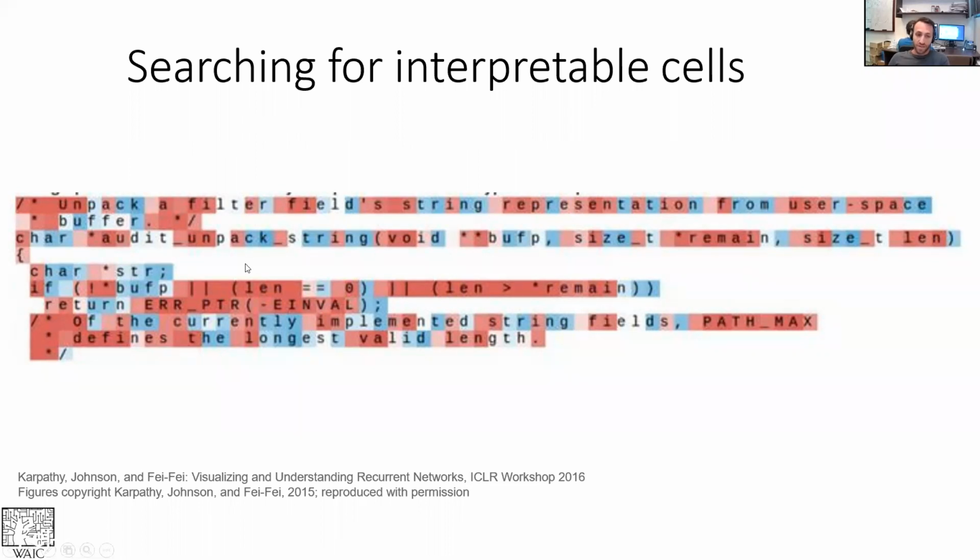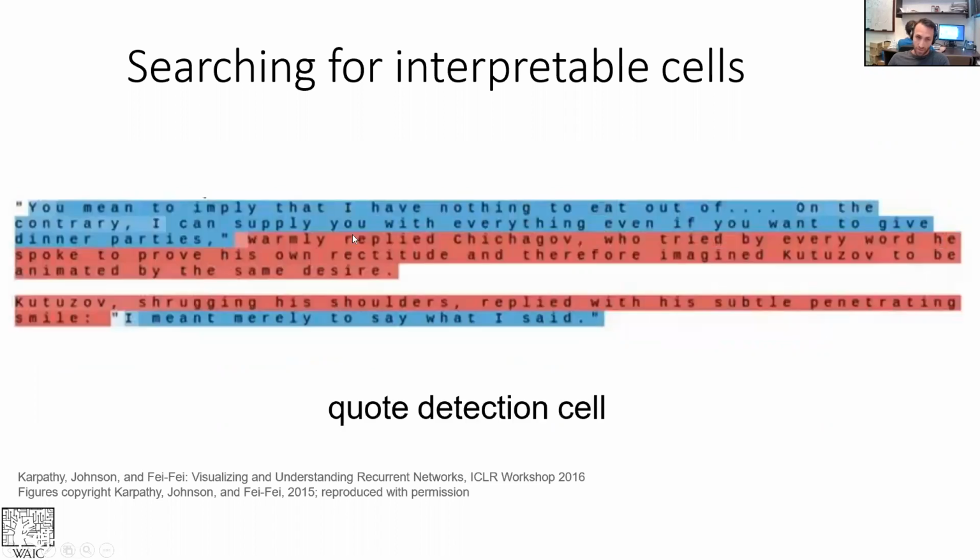So if we look at this sequence, we see red as being activated and blue as non-activated. And in this sequence, we can't really find anything sensible that can tell us what the cell has learned. But we can find cells in different training regimes where we do have some interpretation.